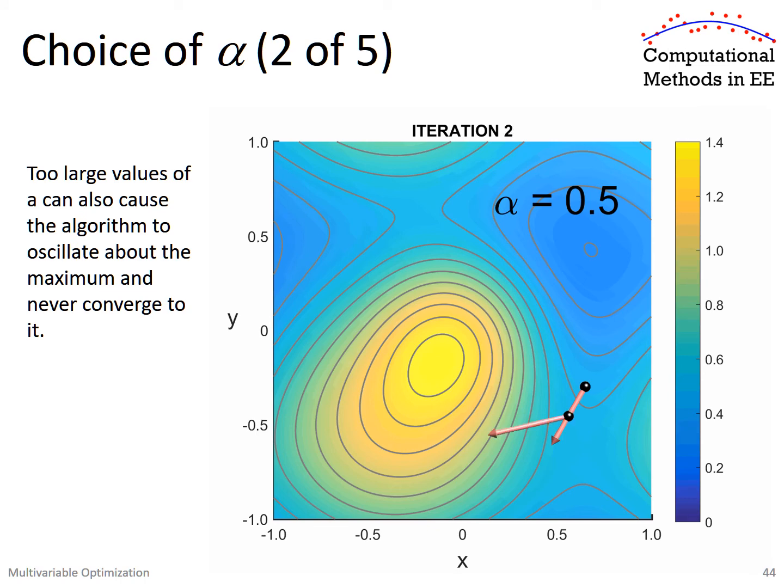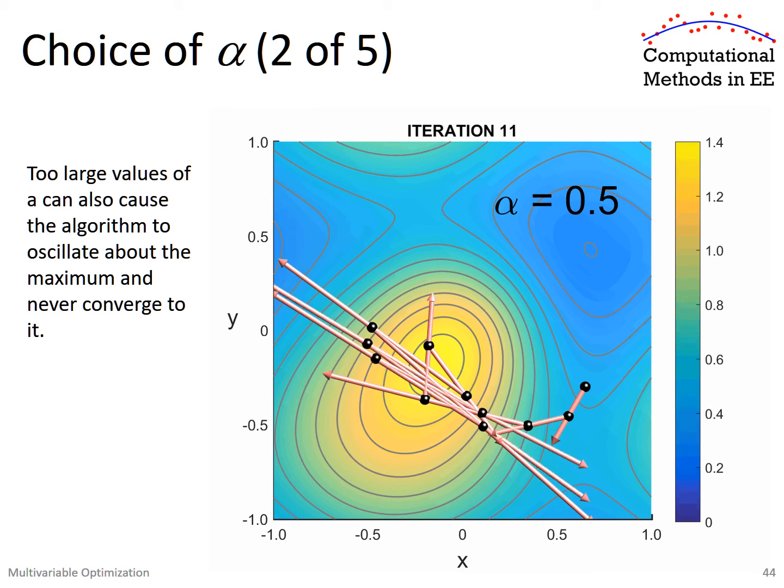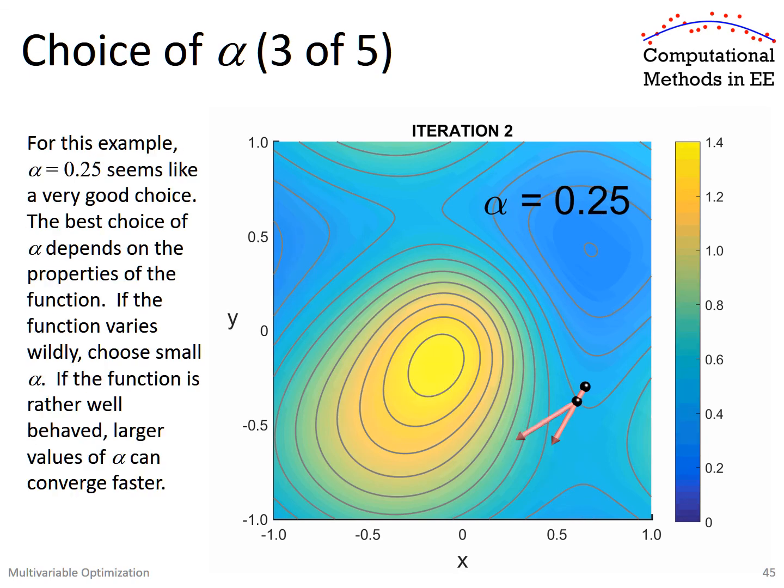Let's pick a value of 0.5. Well, it still looks unstable, doesn't it? Maybe a little bit better, but for the most part, still unstable. So that choice is too big. Let's go to a smaller value. Let's do 0.25.